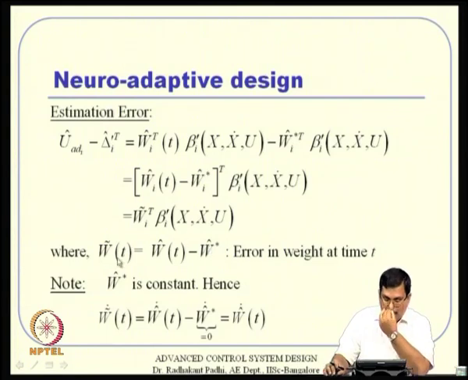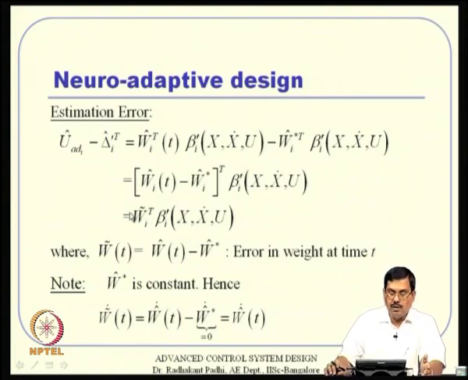So, if this is constant, then if I take the time derivative, W I tilde dot is nothing but the derivative of W hat. Before that, remember that this W and beta can be vectors, even though this is a scalar quantity. This depends on the size of the network. So, they are vector quantities, and if you want, you can put I everywhere.